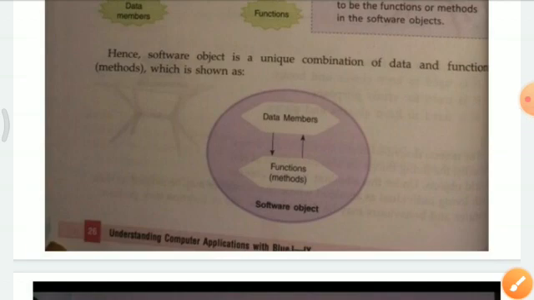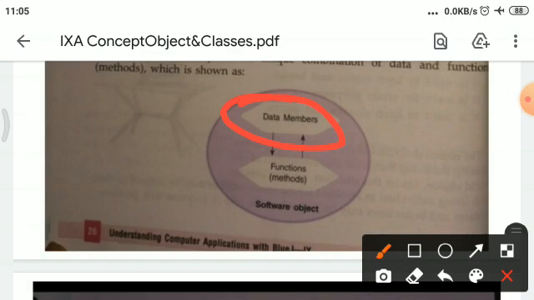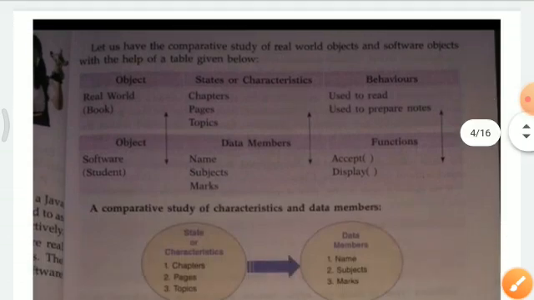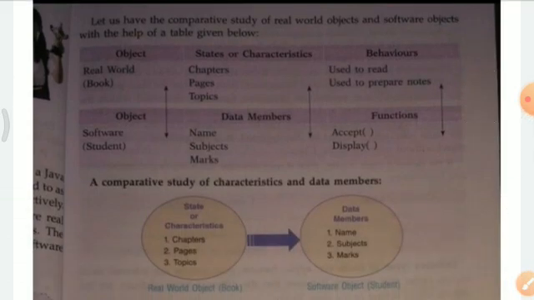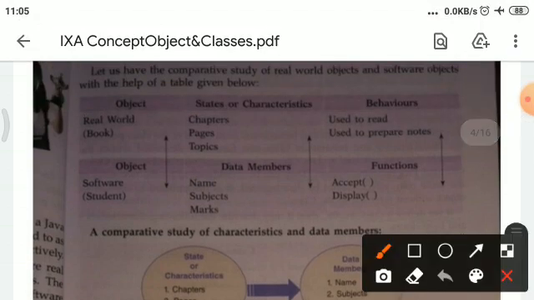A software object is the combination of the data members and functions of a real world object. Here you can see this point in the form of a tabular representation.